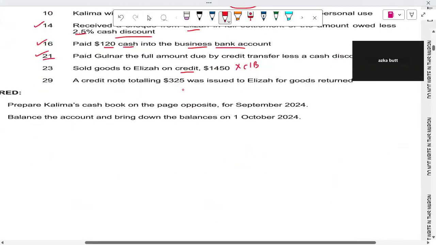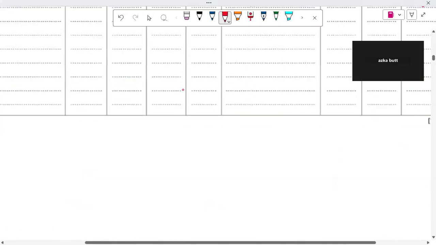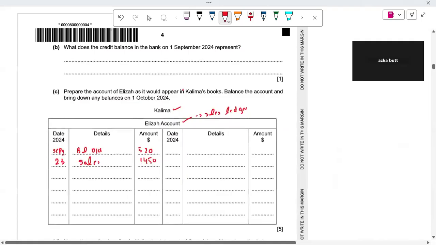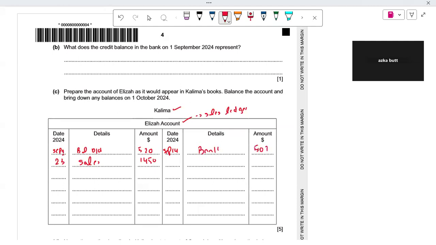And we have received the amount from her. So since she paid the amount, the sales ledger will reduce. That's why we need to write it on the credit side. So she paid us 507. She needs to pay 520, but we allowed a discount to her. That's why we have to write discount allowed here. Elizah account credit, discount allowed debit.